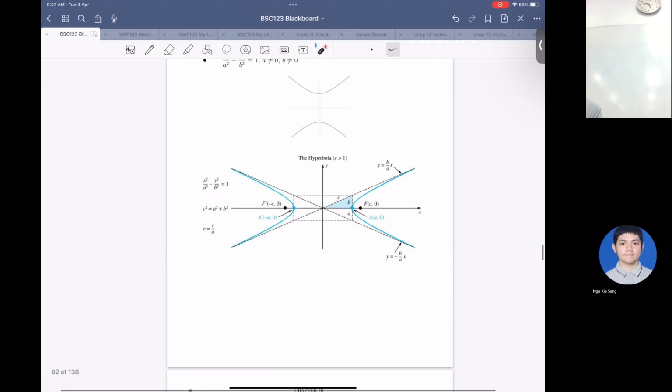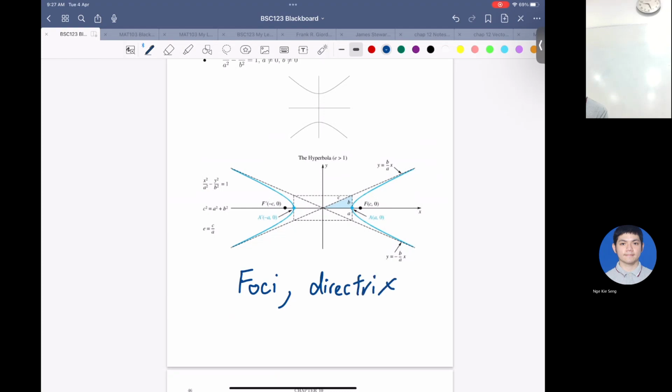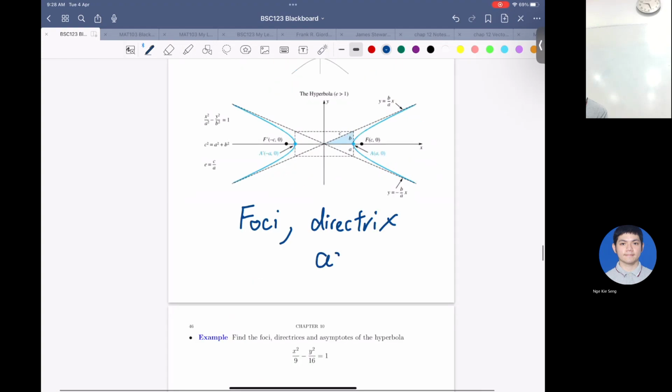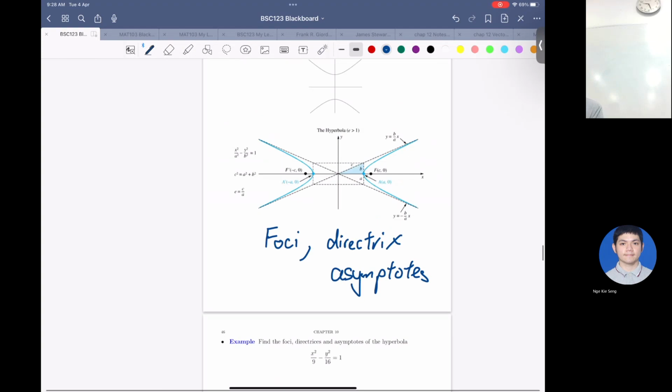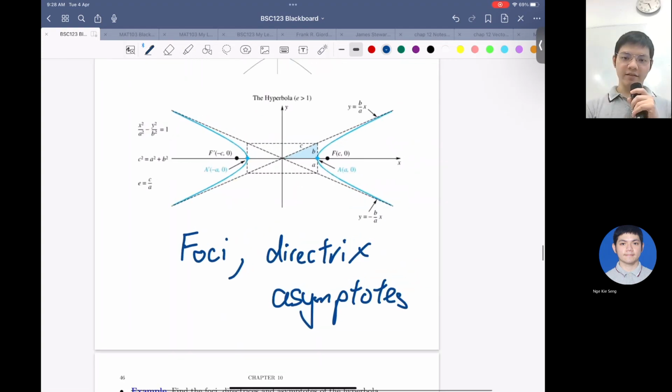So you need to know how to find this focal point. Let me write down what you need to know. You need to know how to find the focal point, and then how to find the directrix, and then how to find the asymptote. So this is what you need to learn. So how to find the directrix?